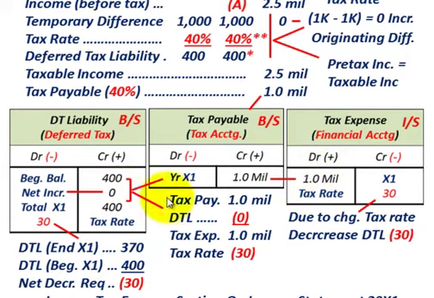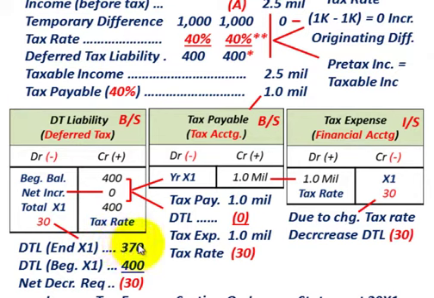Now, let's look at how we take care of this change in our tax rate. Again, we look at the deferred tax liability at the beginning of the year, year X1, which was $400,000. Now we had to recalculate for the end of year X1, based on that change in our tax rate.